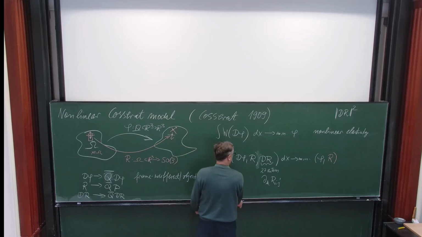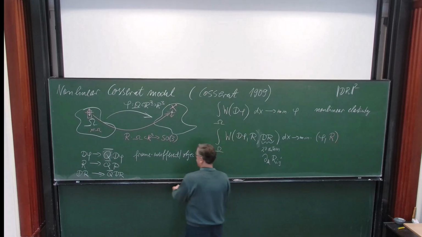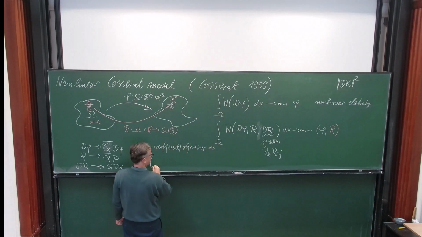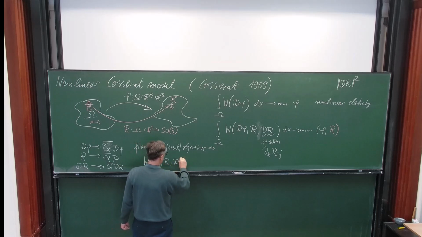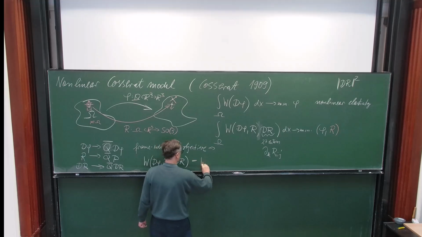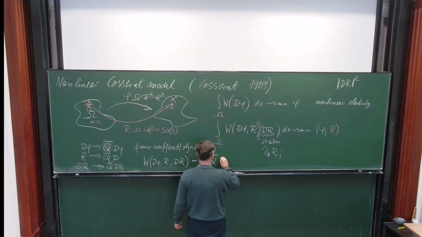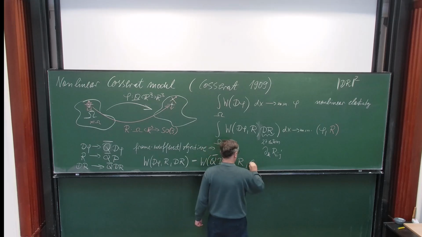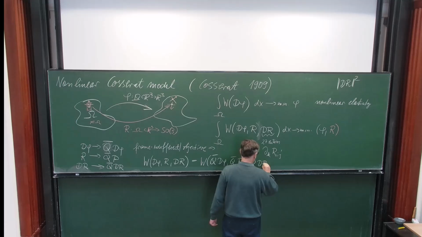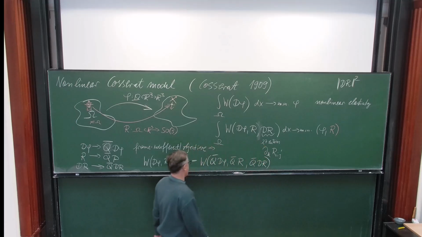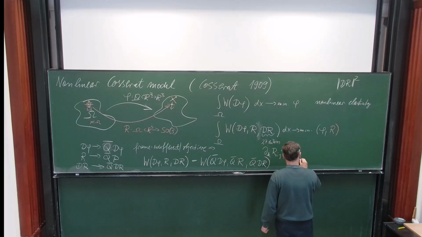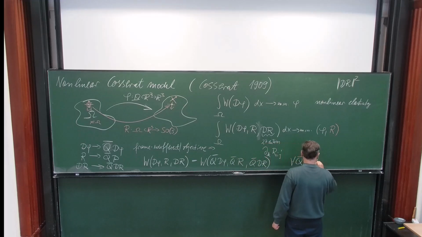So I need to require that W of d phi, r, dr is equal to W of q d phi, q r and q dr. And this for all possible homogeneous q, for all q in SO3.